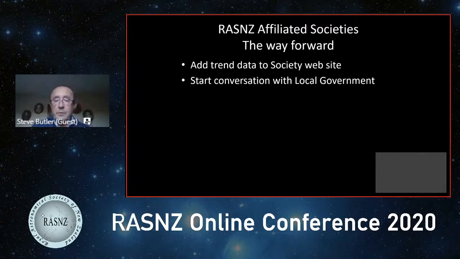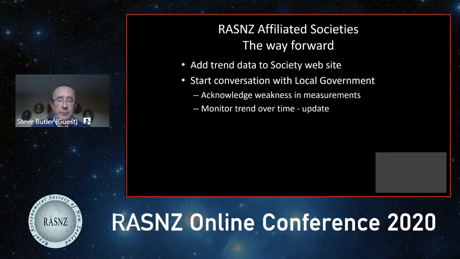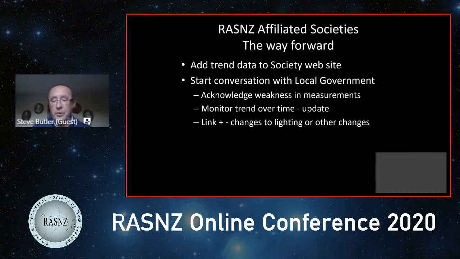Start a conversation with local government, your local city council or district council, and acknowledge the weaknesses in the measurements, but monitor trend over time and update that information as time goes by. Link the changes that you see in the trend data to positive or negative changes to lighting or other changes.